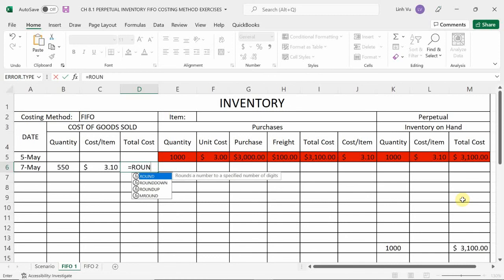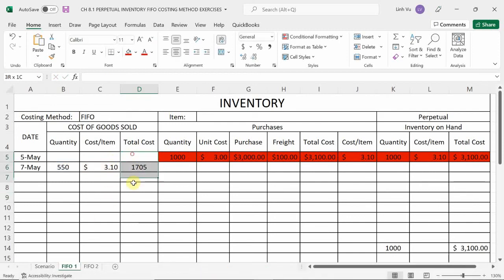Now, I'm going to use my equal round formula just so then I can keep my numbers nice and clean. But in this case, 310 is an even number. So how much is it going to cost me to sell 550 units at $3.10? $17.05.